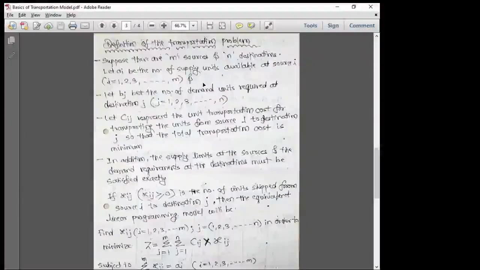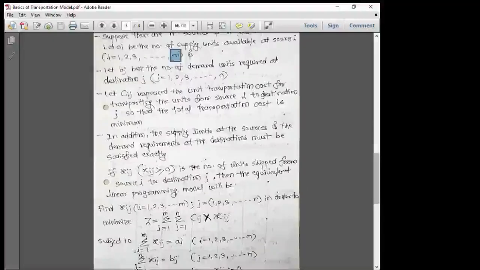So let ai be the number of supply units available at source i, where i is equal to 1, 2, 3 till m, right? Why m? Because m is the number of sources, and the sources will have the supply units. Supply availability will be at the source itself.